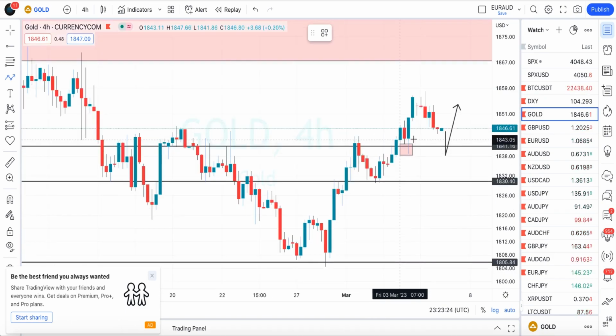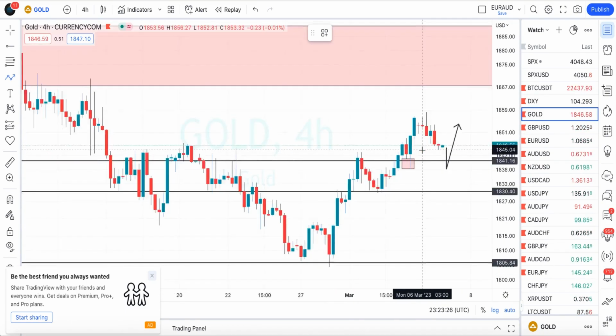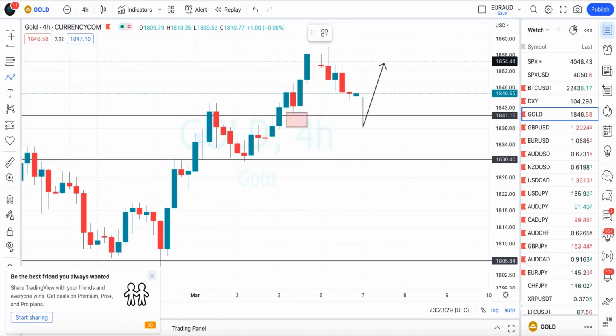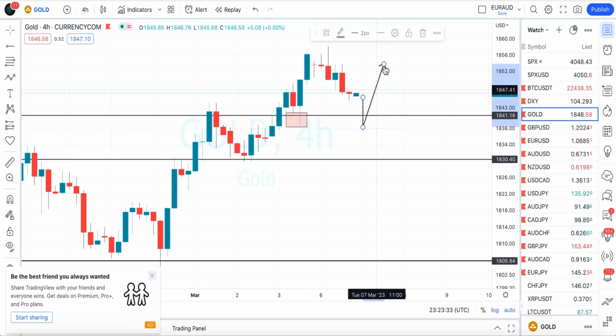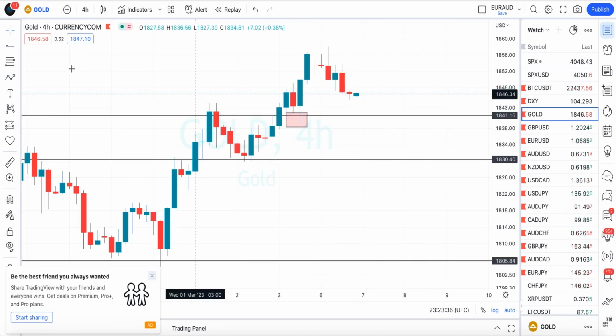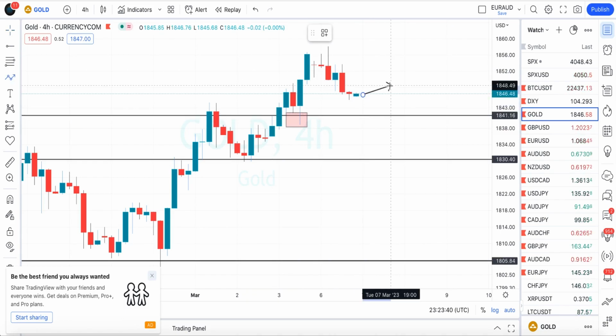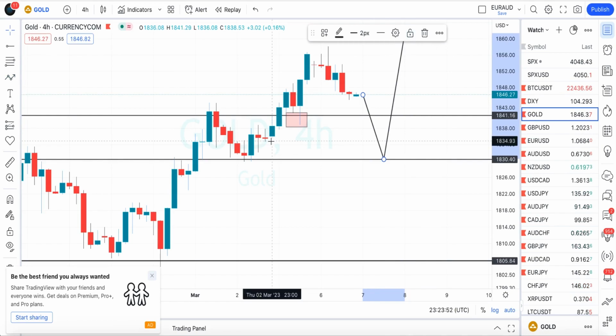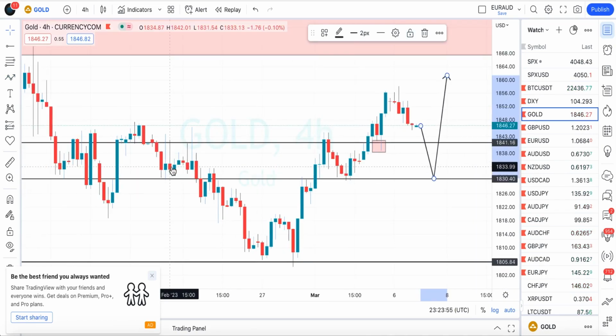I'm looking to buy here because I'm already in a sell position on gold, so I'm looking to buy back at this particular area, or at this particular area. If there is no rejection at this area, then wait for this area to go long, because we have a resistance level and a support level, and this support level is solid enough.